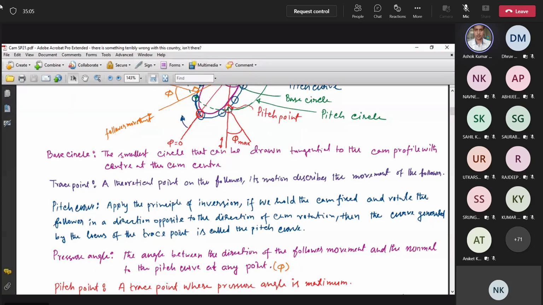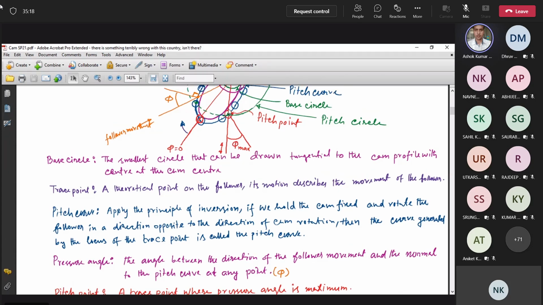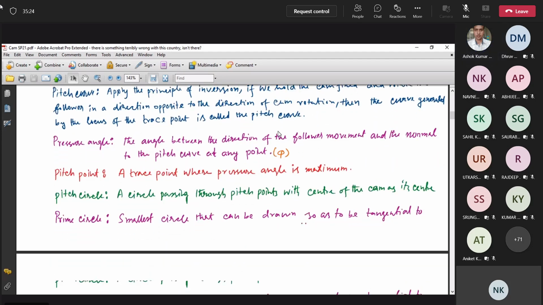Corresponding to this maximum pressure angle, on the pitch curve, you have a point that is called the pitch point. A point on the pitch curve where the pressure angle is maximum is called the pitch point.